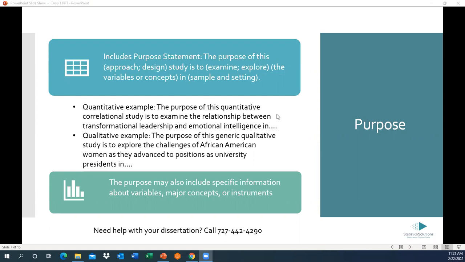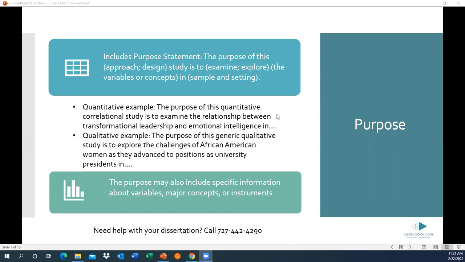Professors do not like when you copy and paste material from one section of your dissertation to another section. You're not really plagiarizing yourself, but they see it as being intellectually lazy. You just can't copy and paste material. However, the purpose and the research questions, you can.